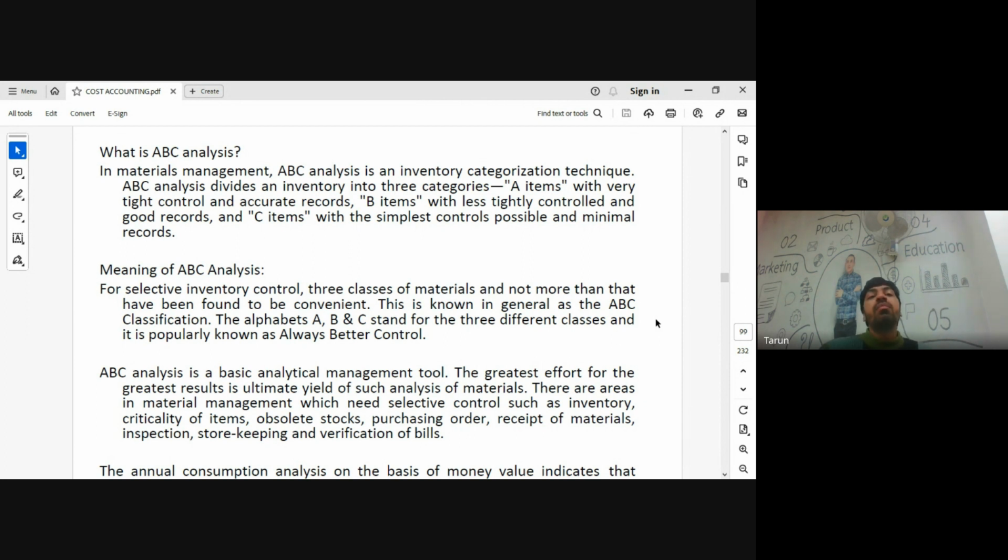So when we talk about the definition of ABC analysis, it is a technique for selecting the best inventory control, how you control your materials.